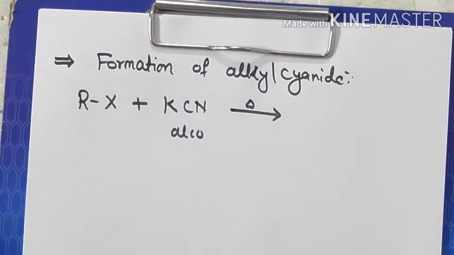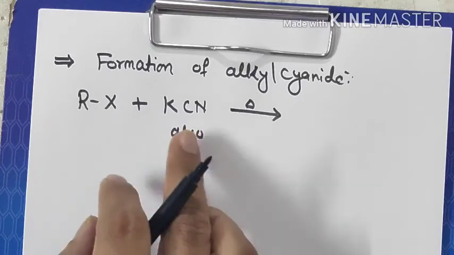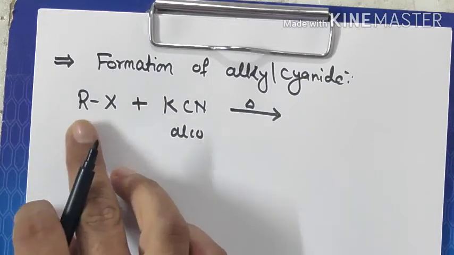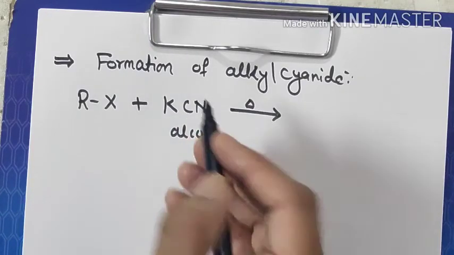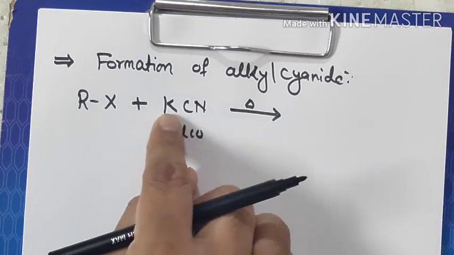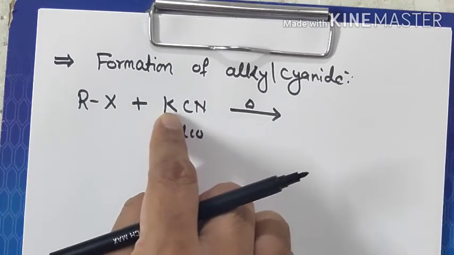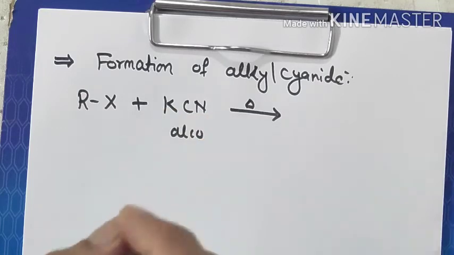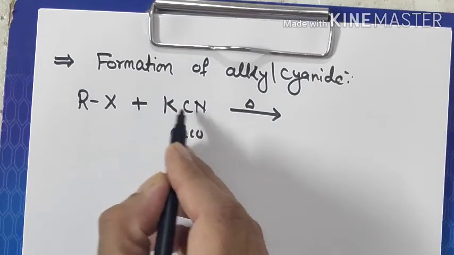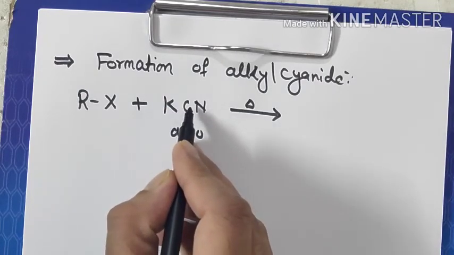Okay, now again understand student, when I put this KCN in alcohol, KCN is an ionic compound, so it is going to dissociate as K plus and CN minus, right? Understood.